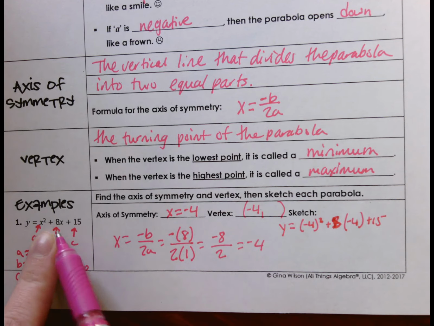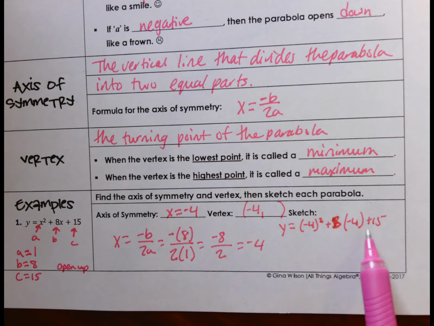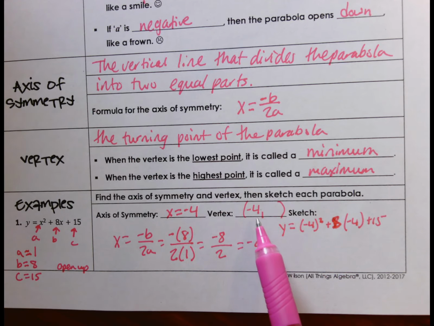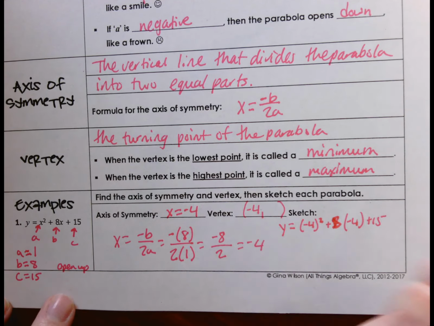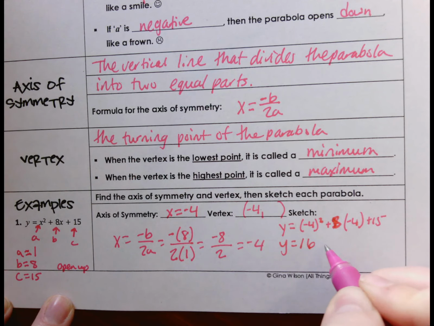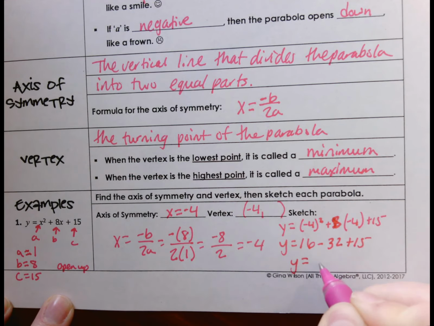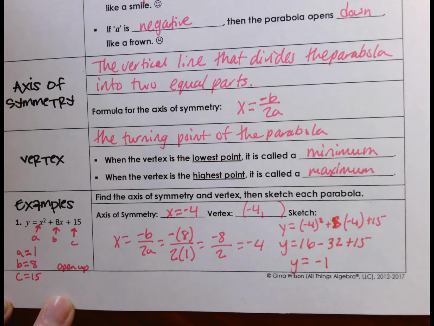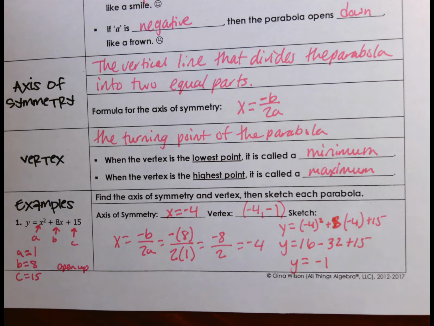All I did was take this original equation, and every time I see x, I plugged in negative 4, because I know that the vertex has to be on the axis of symmetry, so the x has to be negative 4, and I want to know what y is going to be equal to if I plug it in. Okay, so negative 4 times negative 4 is 16. 8 times negative 4 is negative 32, plus 15, and if I simplify all of that, I'm going to get negative 1. So when x is negative 4 on the graph, y is going to be negative 1.